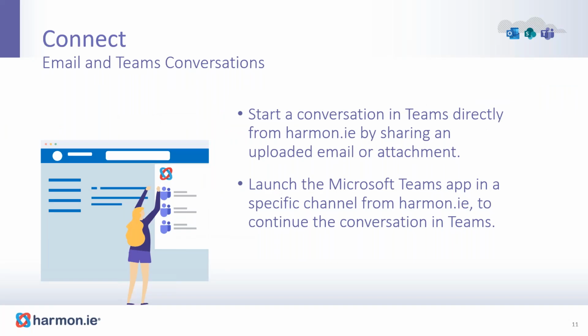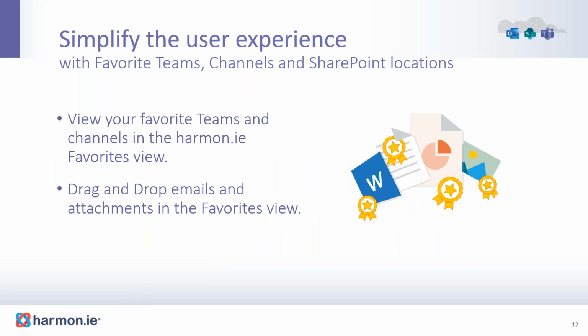Let's just go back to our slides here, because there's more that we can do with that. Not only can I save the content to my Teams locations, but also I can share content directly to my other Harmony favorites.